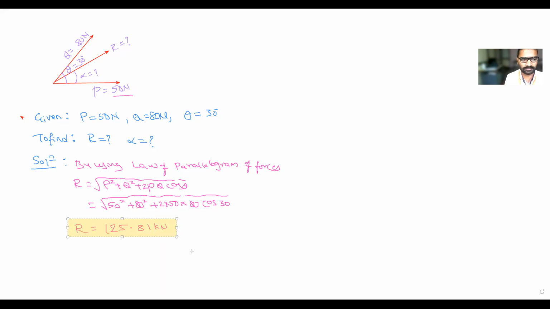Next, I have to find the direction of the resultant. Tell me what the formula is.